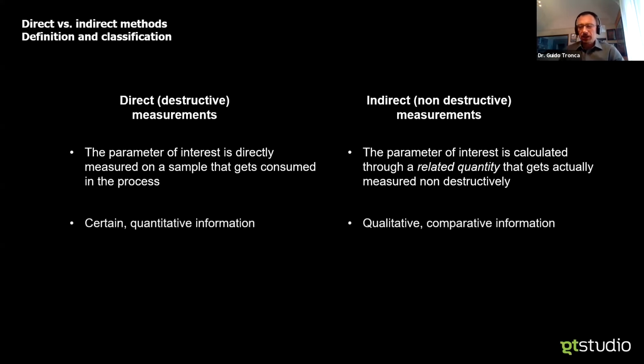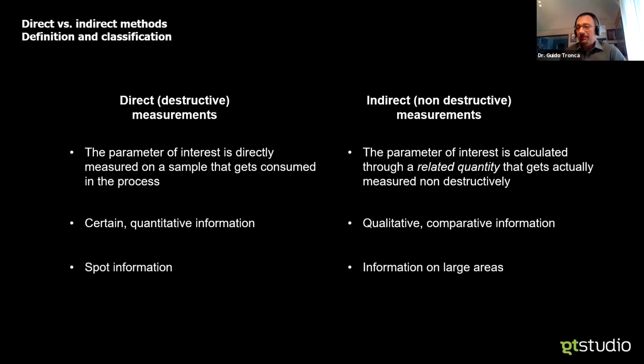By definition, a direct measurement is typically certain, calibrated. It can be a certificate with a huge number of decimals behind, making you certain that the quantity is measured. While with non-destructive testing, we are rather dealing with qualitative or comparative information.